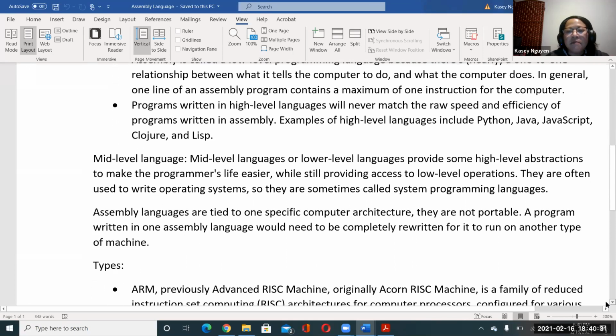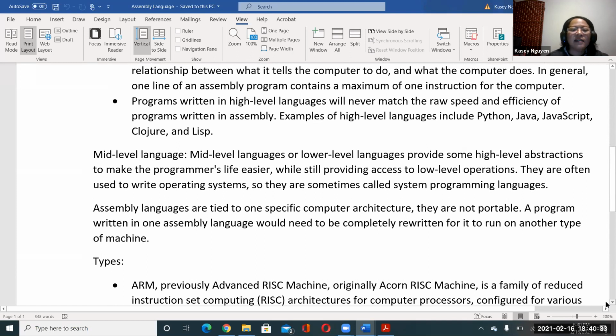Then you do have some mid-level languages, which provide something in between the higher and lower level, and those would be used to write operating systems like Windows OS, etc.